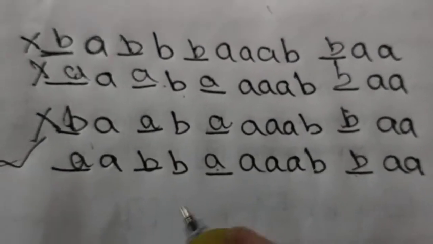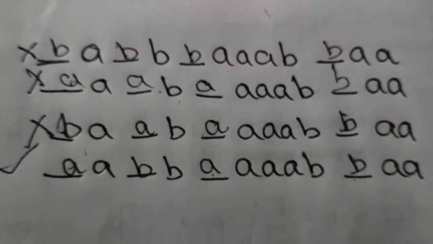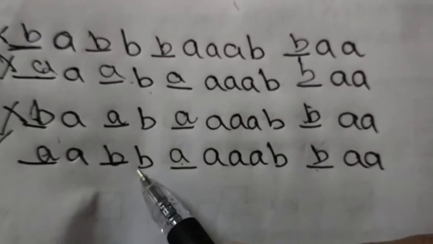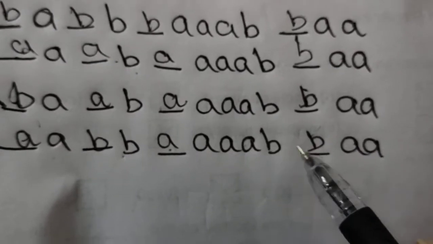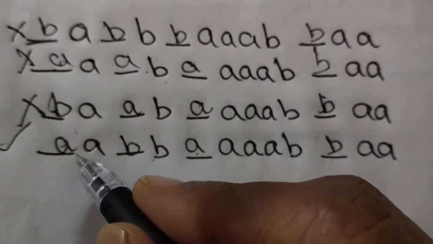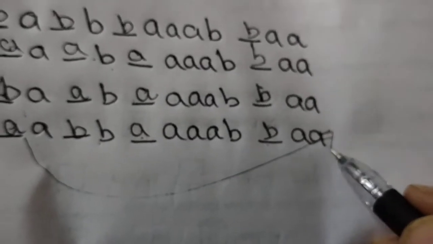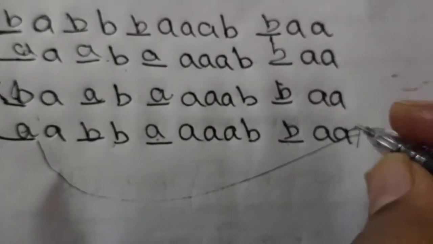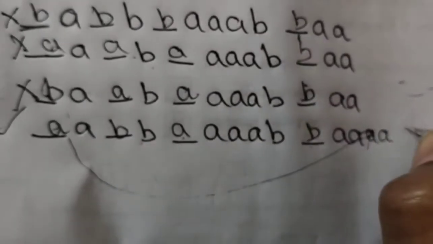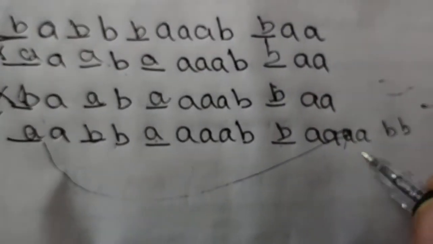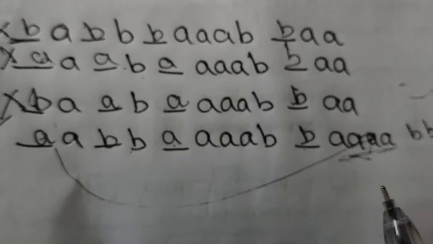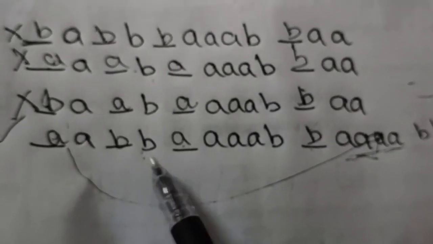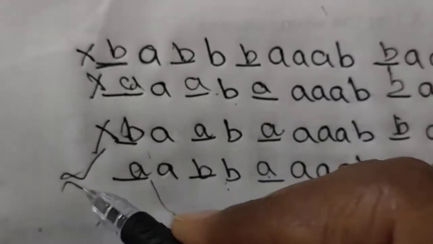Now see, here is 2 times A in the starting, then 2 times B. Now here are 4 times A, then 2 times B. But if we repeat again from here, then again we will write it here: 2 times A, then 2 times B, then 4 times A. So now it will become 4 times A. So what is our sequence? 4 times A, 2 times B, then 4 times A, 2 times B. So D option is correct. So we will mark here D.